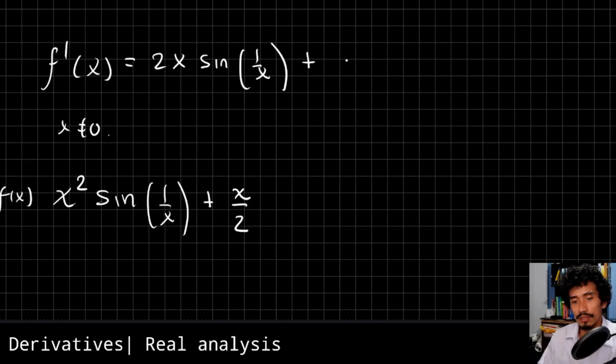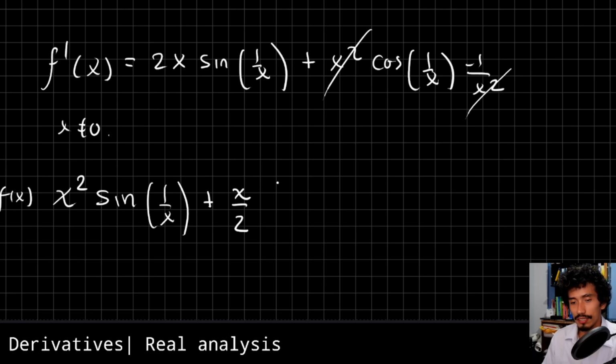The derivative of sine is the cosine of the inverse, and then the derivative of the inverse of x is minus one over x squared, this cancels out, plus a half. So this is equal to sine of the inverse of x minus cosine of the inverse of x plus a half.